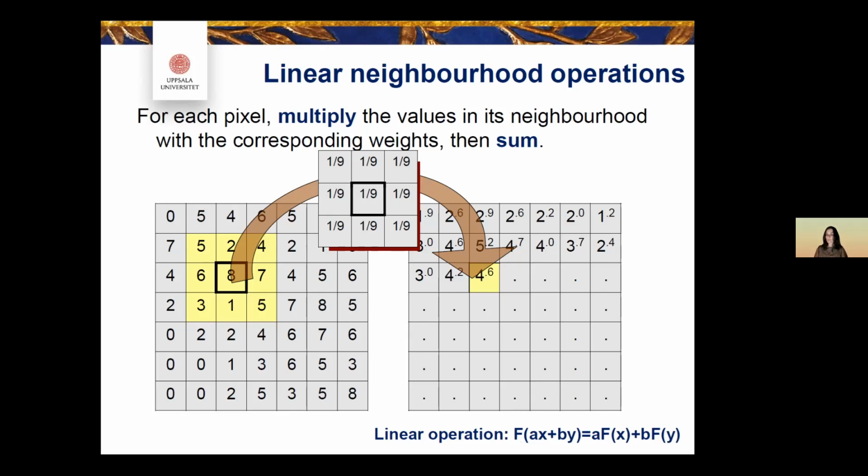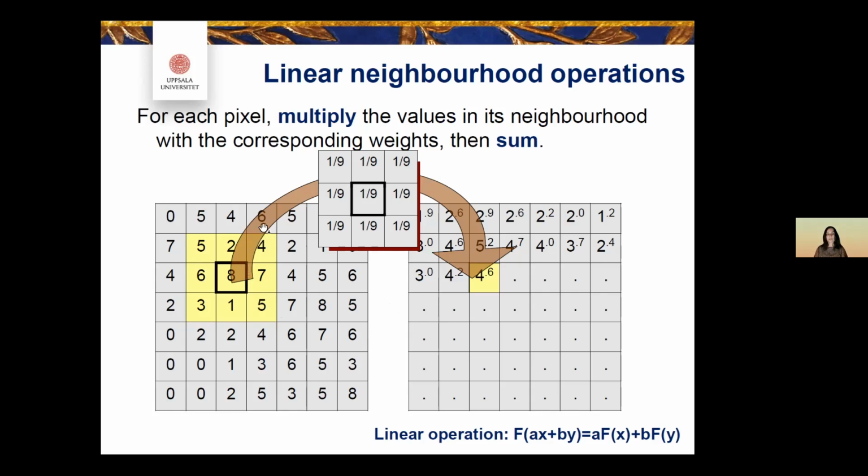So this is what a linear operation fulfills. And whenever we are performing operations which combine multiplication with a constant and subsequent summation, then we are talking about linear operations. And they have a number of nice properties. They are very popular to use, therefore.